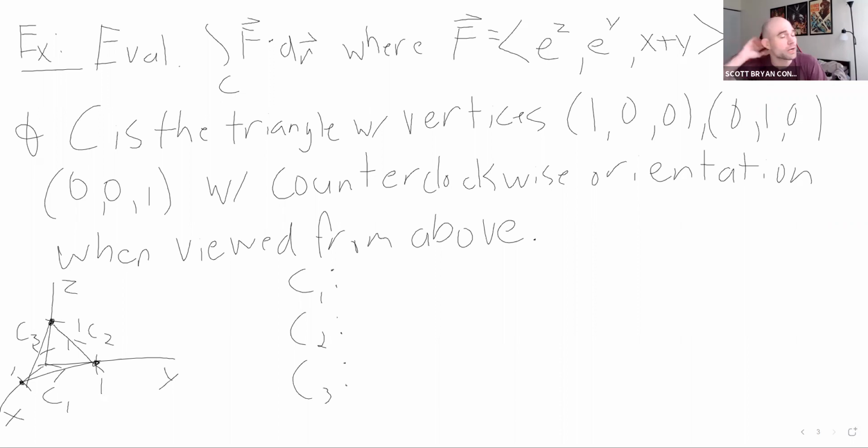One of the few things we're going to ask you to parameterize yourself in R3 are line segments.